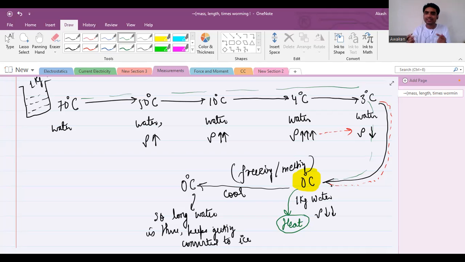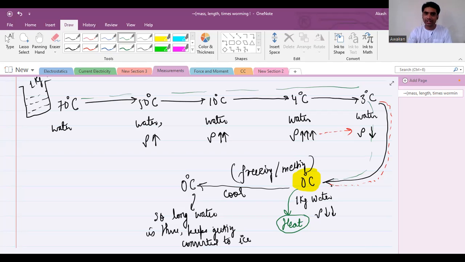So this heat which is released, but why doesn't the temperature reduce? That is the observation. There is no argument for it. Why it happens? It is just like that only. We have observed that when you further cool 0 degree water, it starts freezing to ice and the temperature remains 0 degrees.